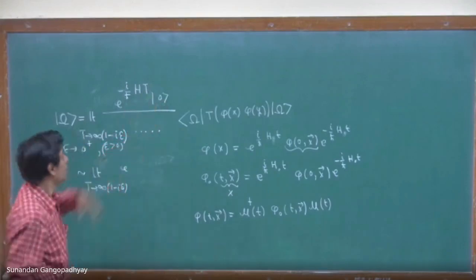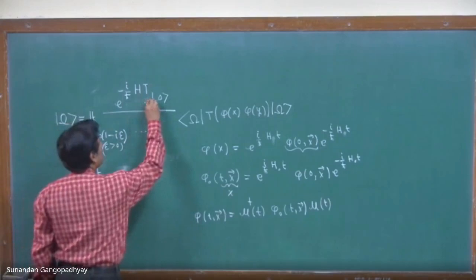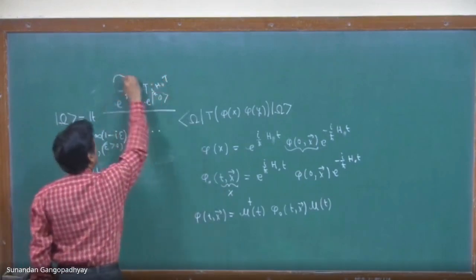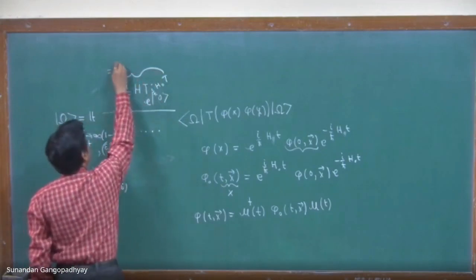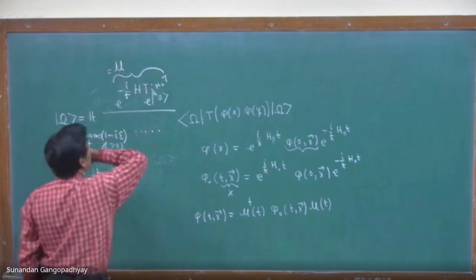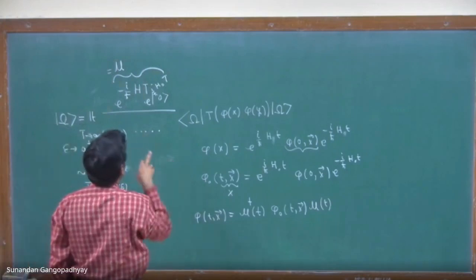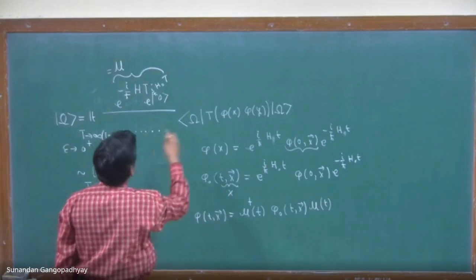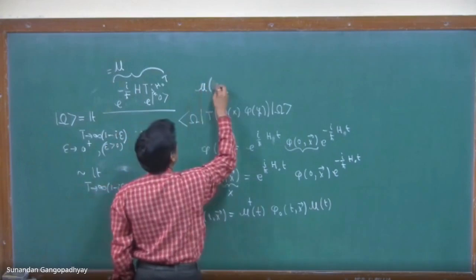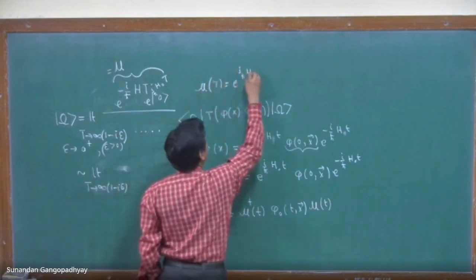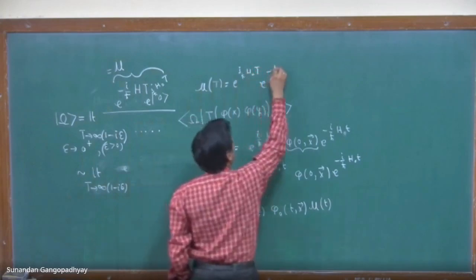And therefore, if you introduce here e to the power of i by h bar h naught into capital T, this full thing is nothing but u. U dagger is, so u of t is e to the power of i by h bar h naught t, e to the power of minus i by h bar h t.